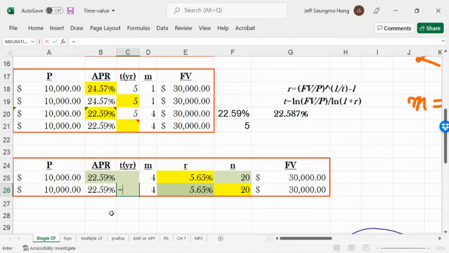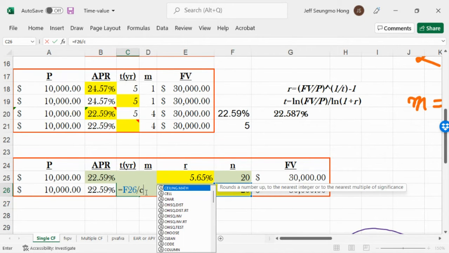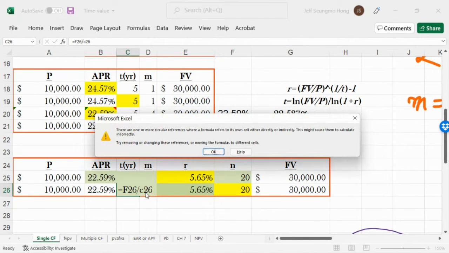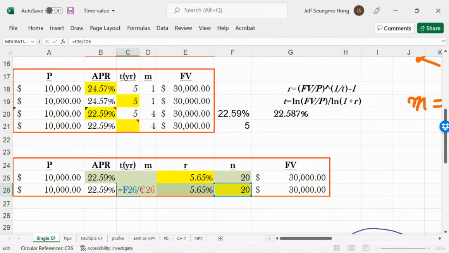You'll have to convert it into years, which is just n divided by m, which is in D26. You get 5.